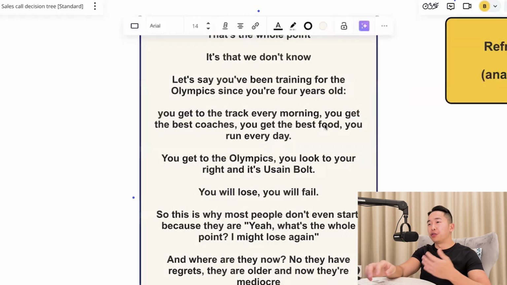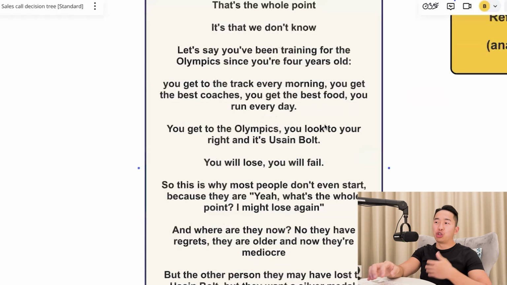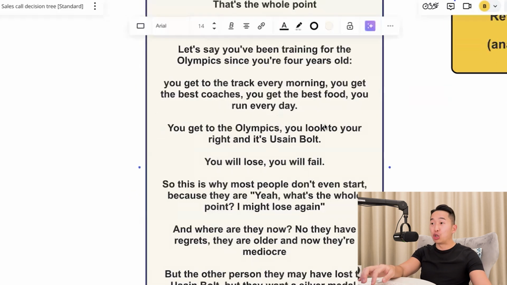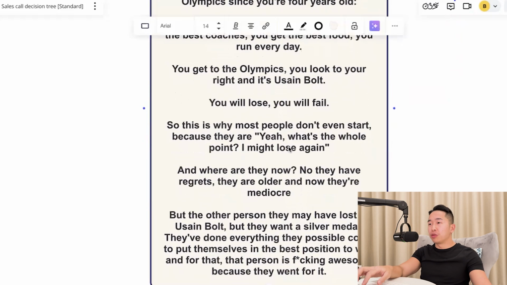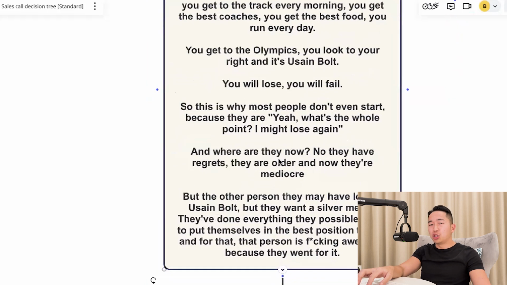So let's say you've been training for the Olympics since you're 4 years old. You get to track every morning, you get the best coaches, you run every day. You get to the Olympics, you look to your right, and it's Usain Bolt. You will lose. You will fail. So this is why most people don't even start, because, yeah, what's the whole point? I might lose again. So where are they now?